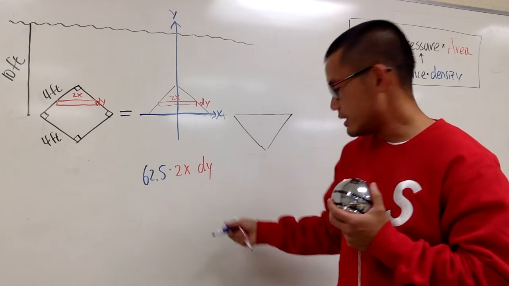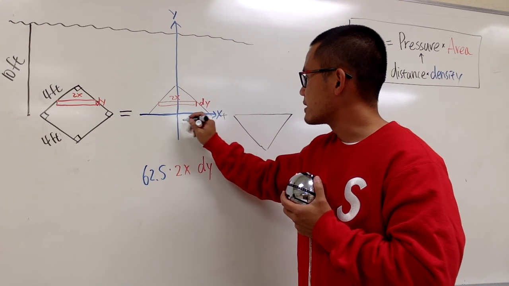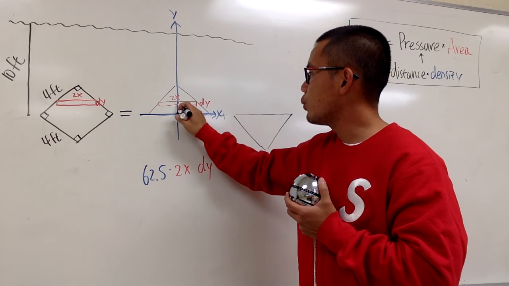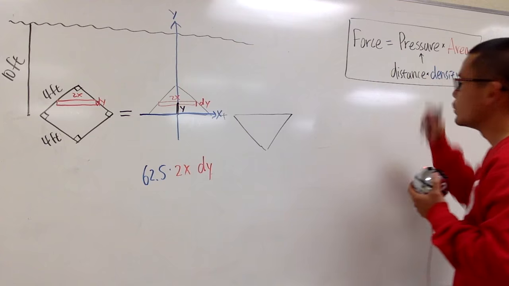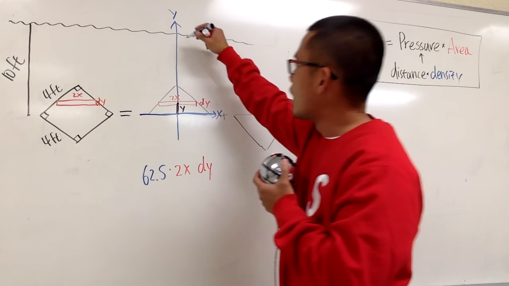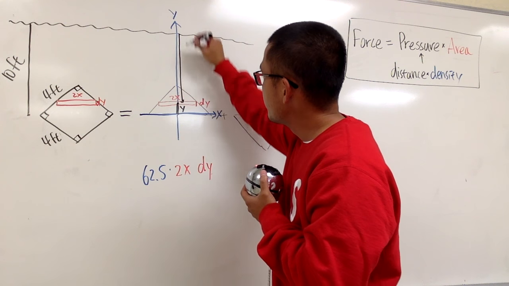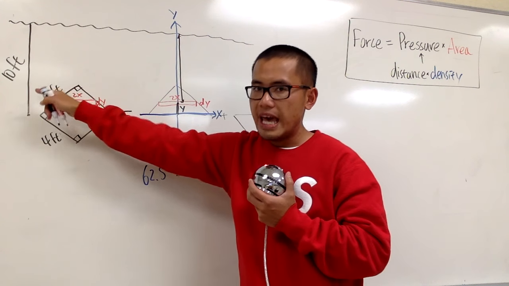That's great, right? As usual, from the x-axis, you draw the vertical distance to here, this will be the y distance, right? That's y. But for the distance, we need to find out how far down we are underneath the water. So we have to go from here all the way here. Altogether is 10.